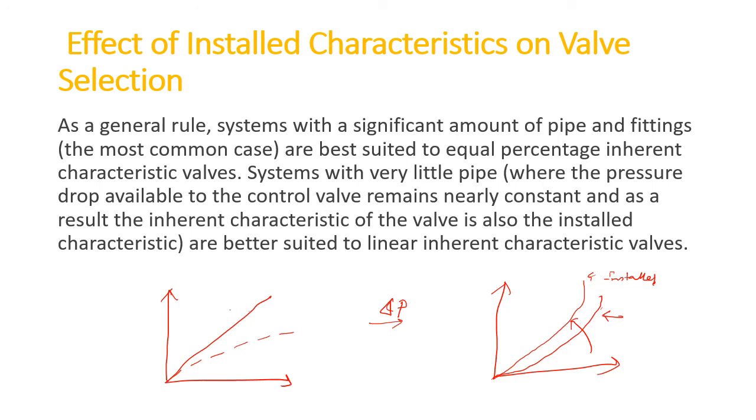So if you have a situation where the delta P is varying very much, then we should use the equal percentage valve, because ultimately the installed characteristics will become linear and will have better controllability. But if the delta P is not varying much, then we can go with the linear characteristics control valve. Hope this is clear to you.